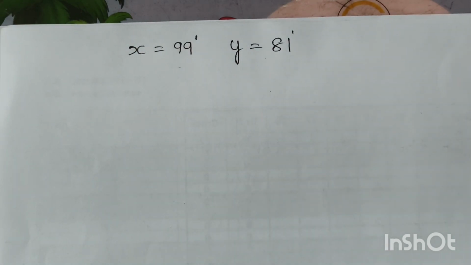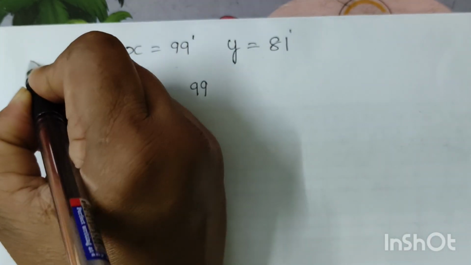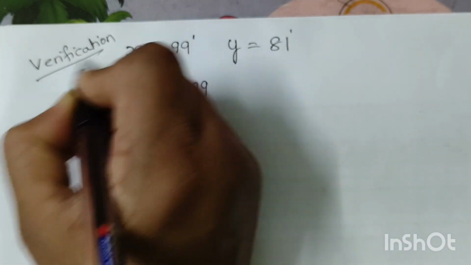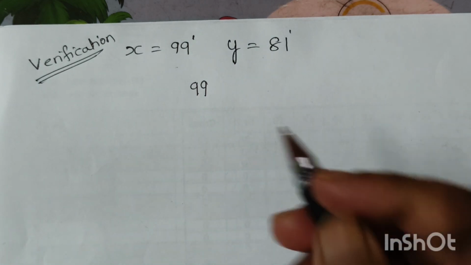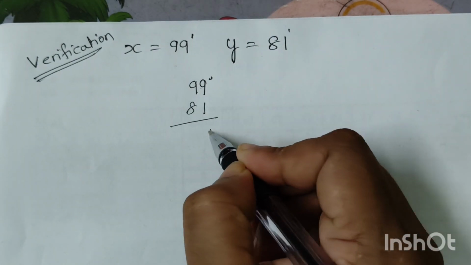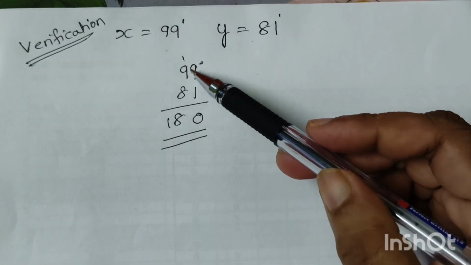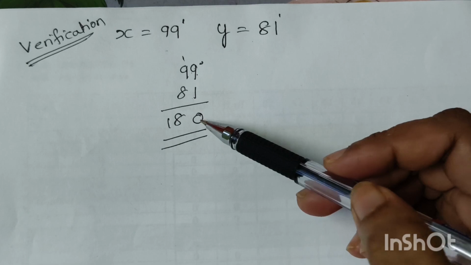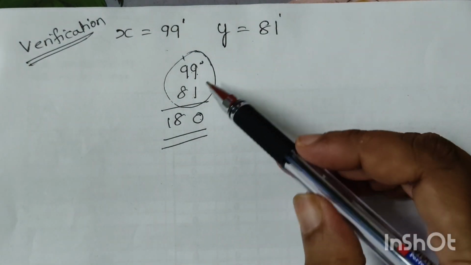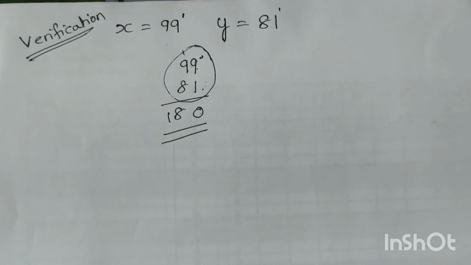Let us see whether they are supplementary or not. Here 99 degrees plus 81 degrees: 9 plus 1 is 10, so the sum is 180 degrees. Since when we add these two angles we get 180 degrees, we can say these two are supplementary angles. So we have verified.